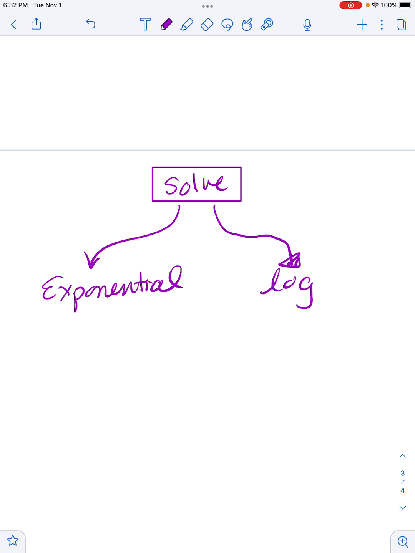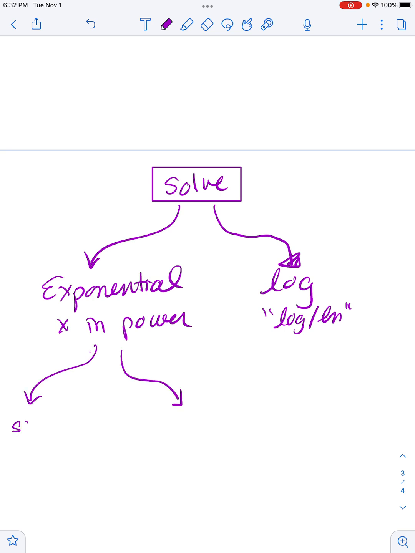So the first thing you do is you decide if it's exponential or log. And you do that with your eyeballs because it's exponential if x is in the power, and it's log if it says log, or potentially ln. Super tricky.